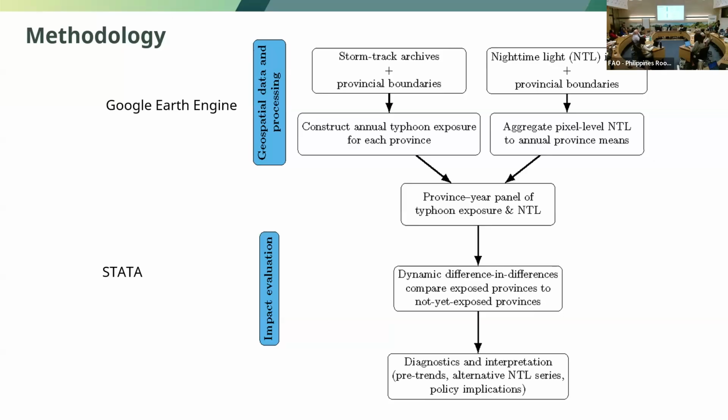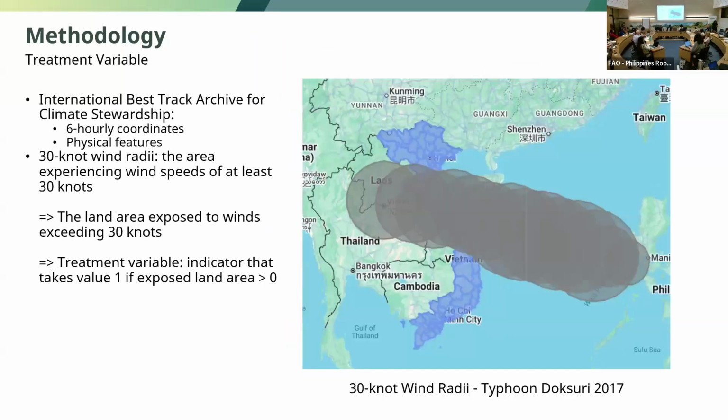From the data extracted, we construct a panel dataset of province-year typhoon exposure and nighttime light intensity. Then we apply difference-in-differences to estimate the dynamic effect under staggered exposure. Now I'm going to go deeper into how we construct each variable.